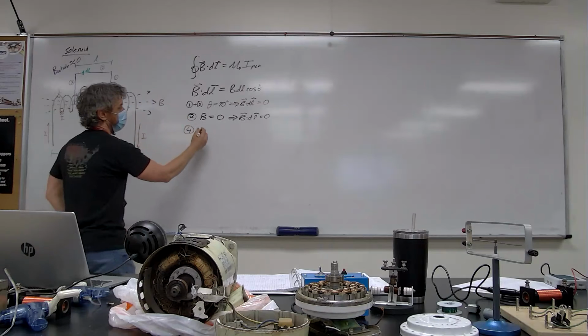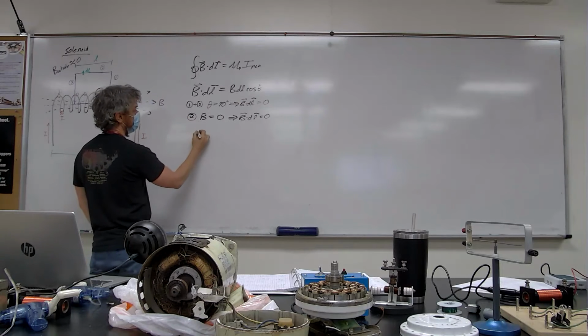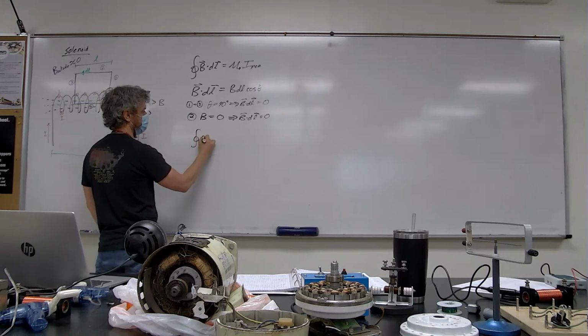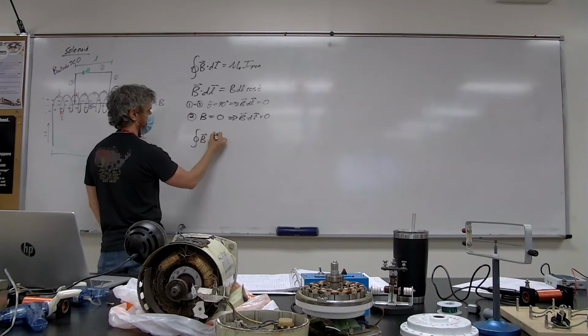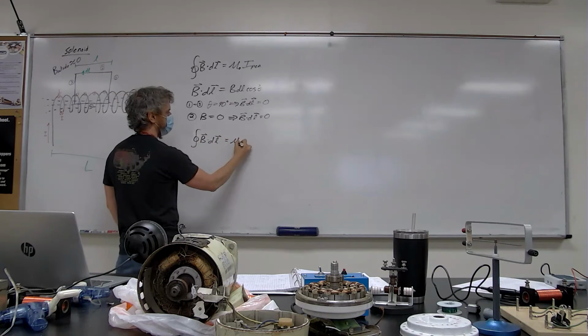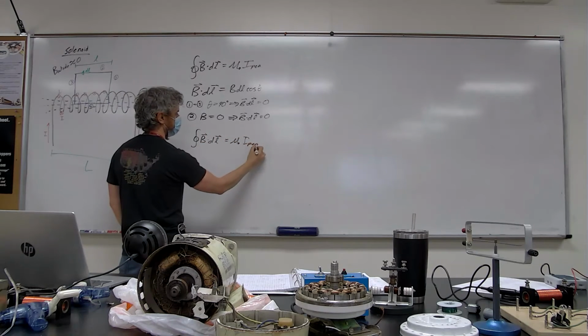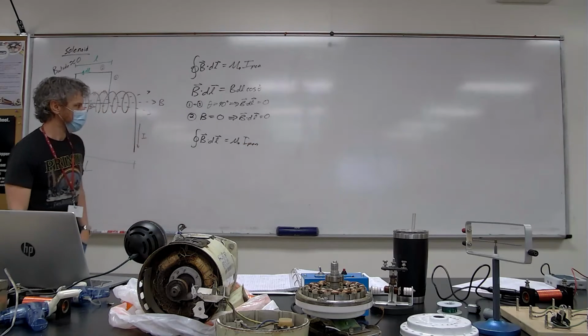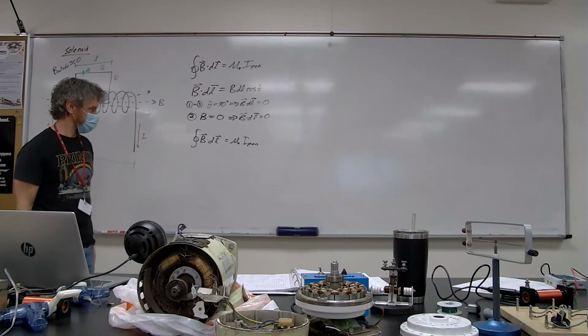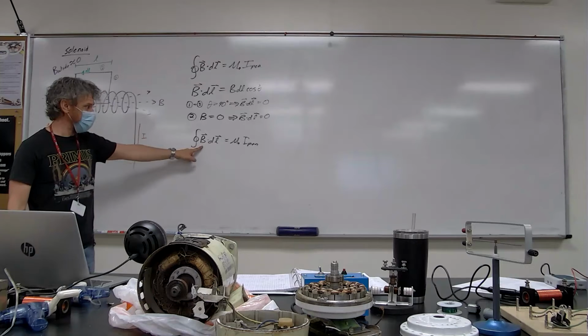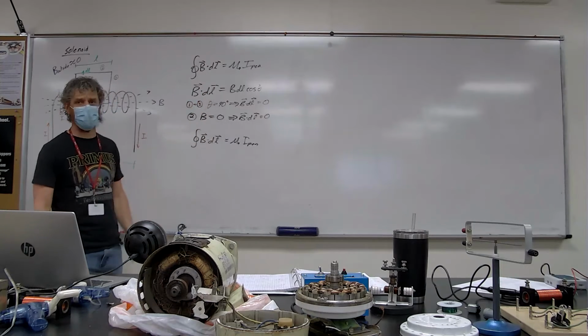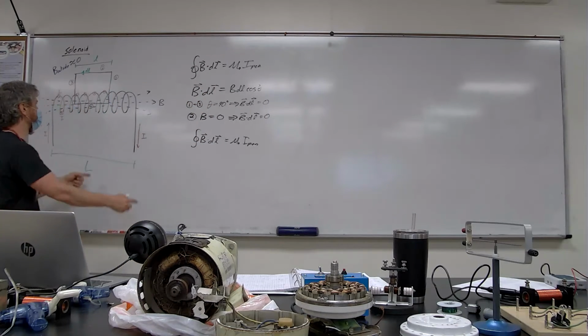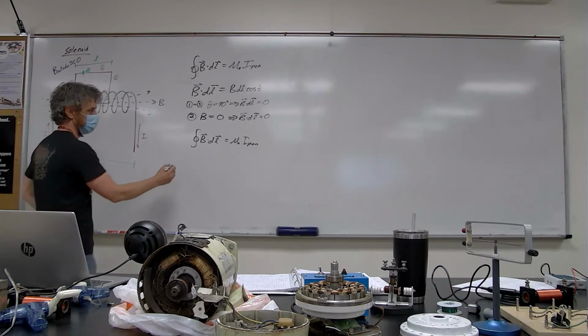And so now I'm going to apply Ampere's law. I have the closed integral of B dot dl is mu naught times the current penetrating that surface, or penetrating the loop, if you want to think of it that way. I know that B dot dl is 0 for the first 3 segments, so the only one I need to worry about is segment 4.